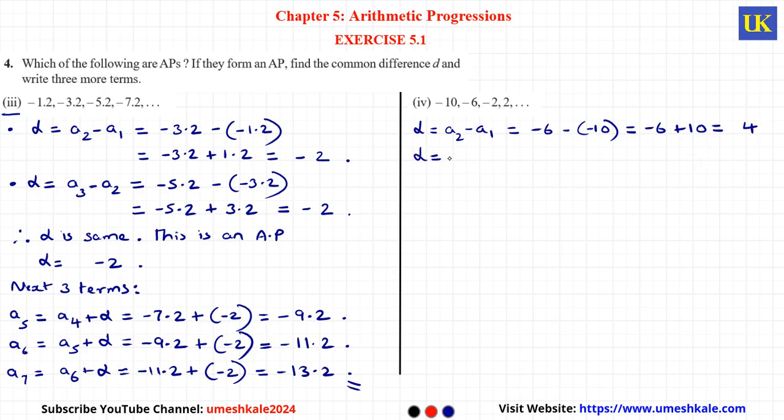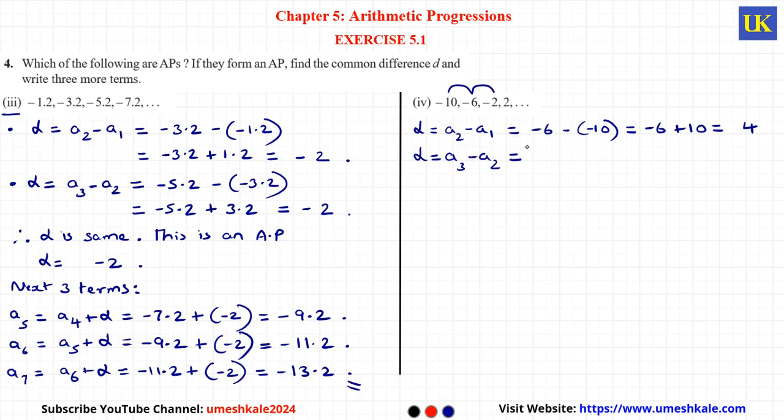And one more time we need to check. Now we will check A3 minus A2, because see guys, we need to check the difference between the terms, and at least for two times we need to check the D. At least the difference between the first two terms has to be same. At least that, ideally we need to check for all the terms, but at least the first two terms we need to check for the common difference.